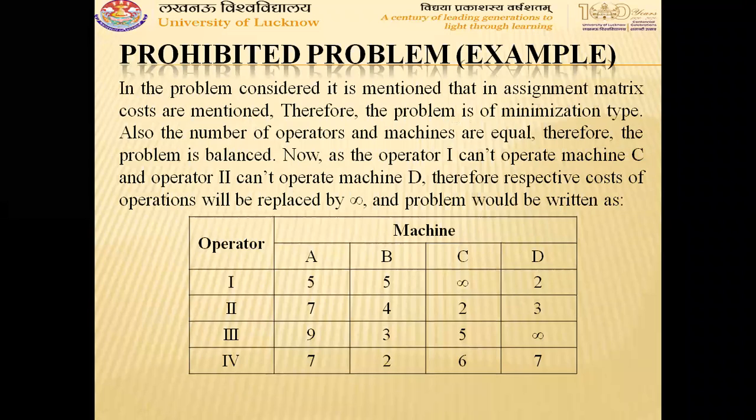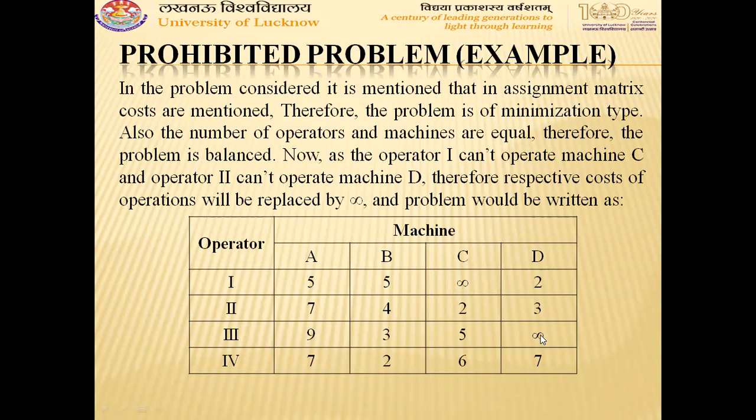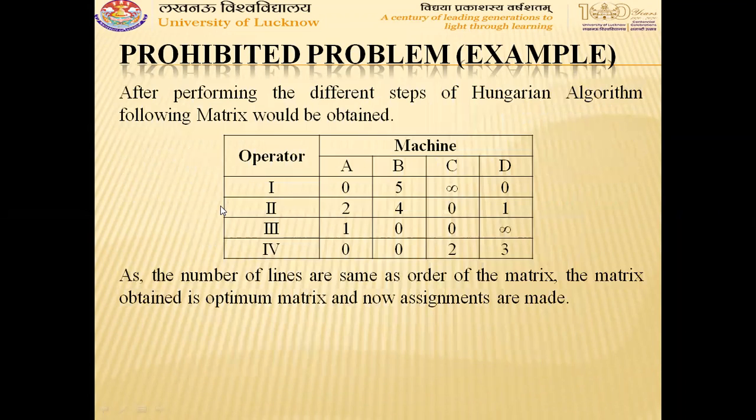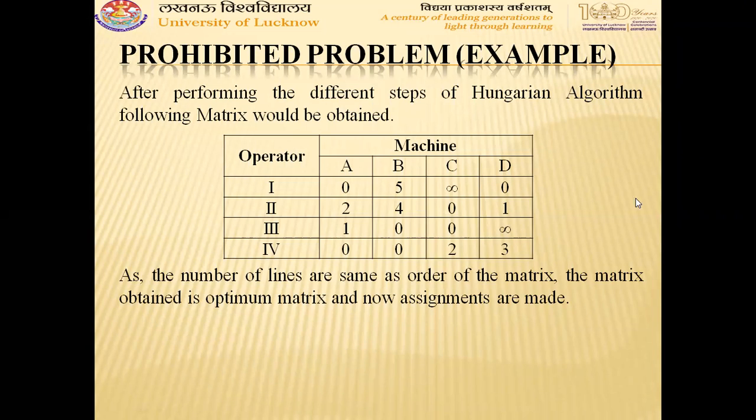So the assignment matrix will become this type. Here infinity occurs between 1 and C, and here between 3 and D infinity occurs. Now using the Hungarian algorithm, first we subtract the minimum of each row, then find the minimum in the columns and take the difference, and applying the different steps we obtain this matrix.